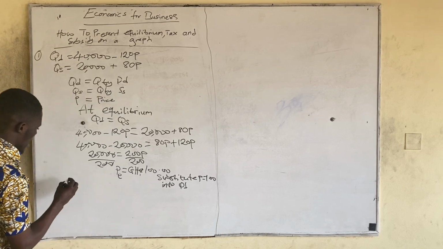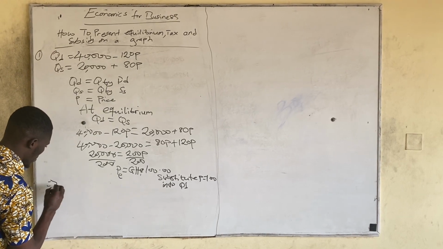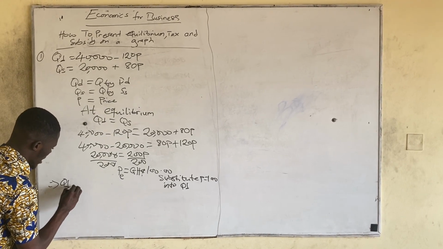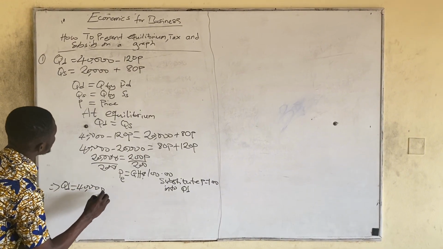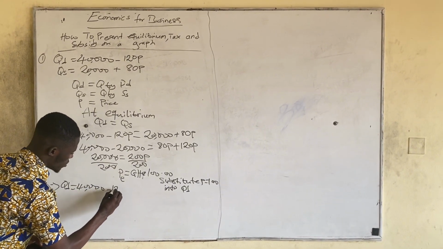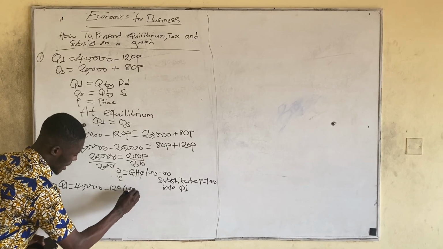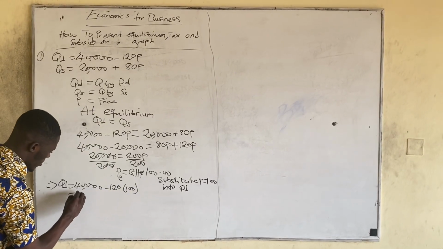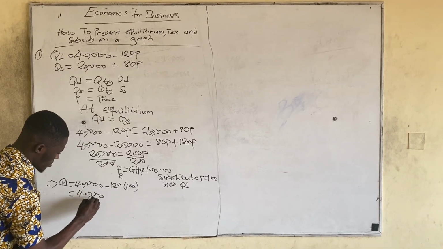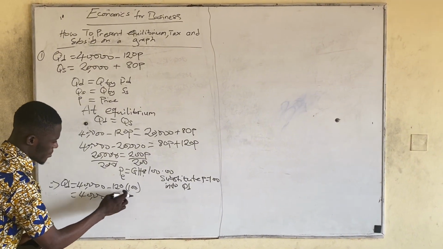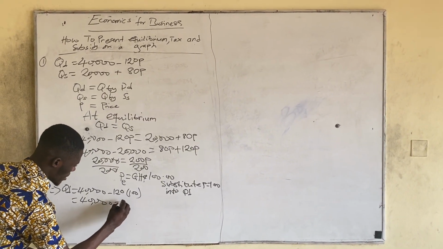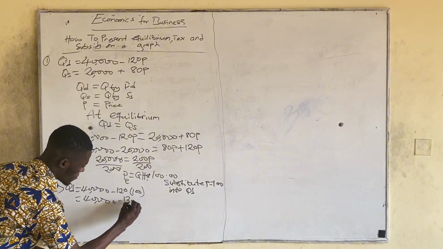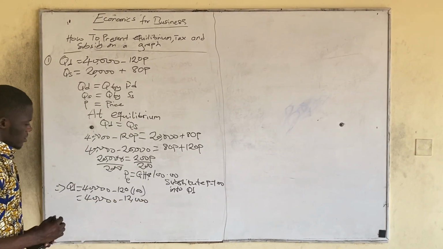So our quantity demand equals 40,000 minus 120 times 100, you get minus 12,000.